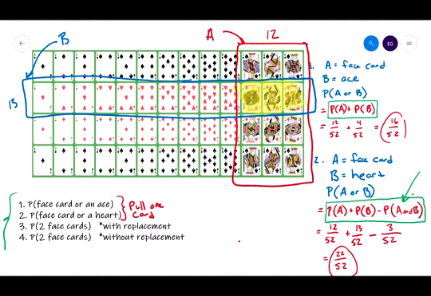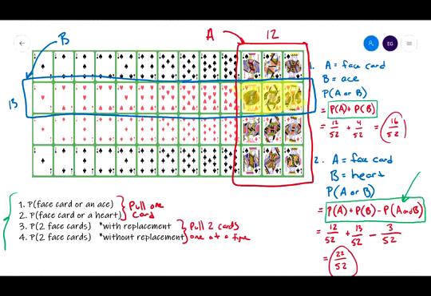Okay, so now let's talk about the multiplication rule. In the multiplication rule, we pull 2 cards, one at a time.